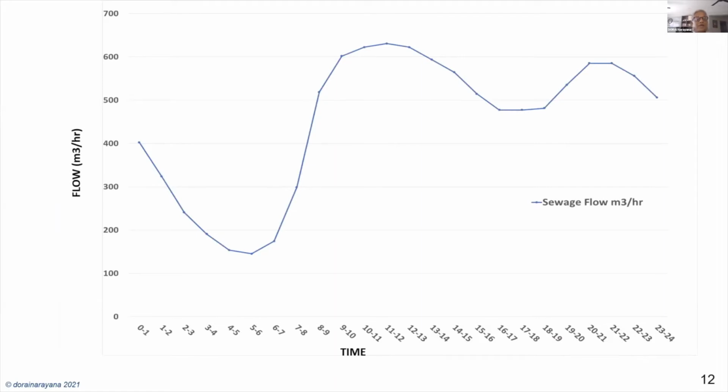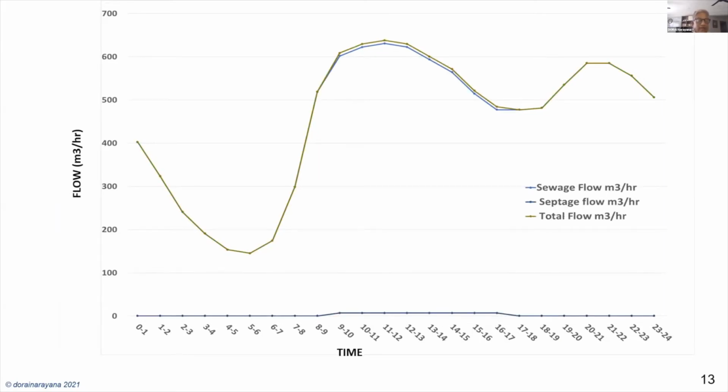Now here, this is the same graph of the sewage variation over the day, with a similar two peaks. And now let's superimpose the fecal sludge onto this. And this is what happens. You can hardly see the impact. Because here at the bottom, this is where the sludge is being added from 9 to 5, in very small quantities, as you saw. The equivalent quantities are very small for the same population.